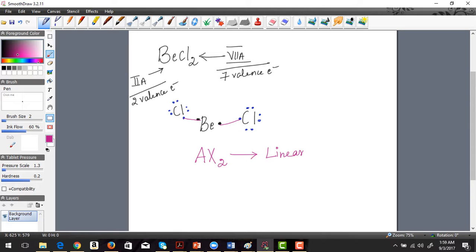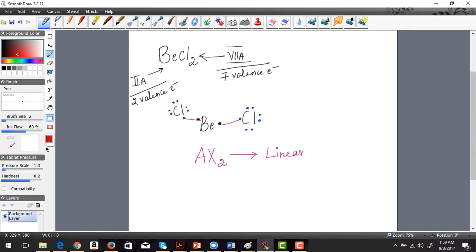Now let's try a different compound, which would be water. You would think because it's got 2 hydrogens and an oxygen in the middle, it will also be linear, but you will see. Before we move to the next molecule, let's wrap this one up. Let's go get our red.